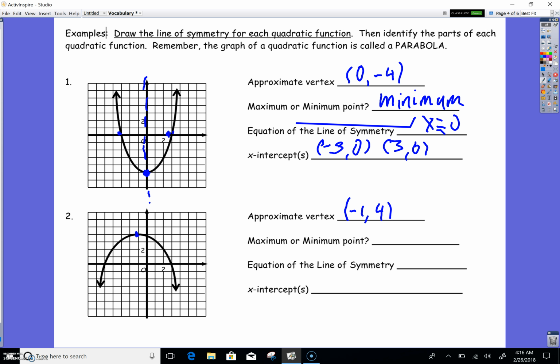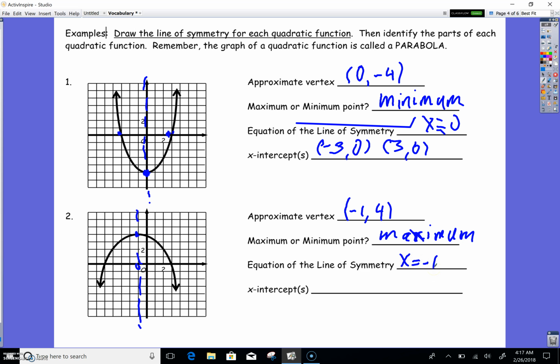Now, you see this is at the top of the graph, so it's a maximum. The equation of line of symmetry. Remember, we just look at the x here, so x is -1.